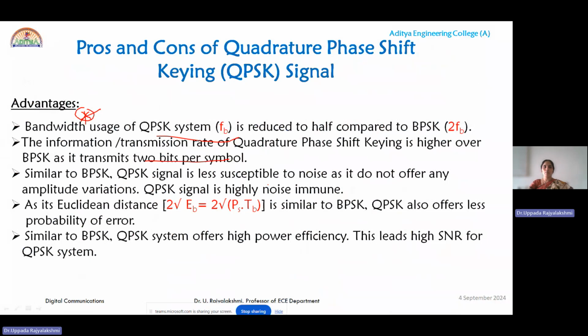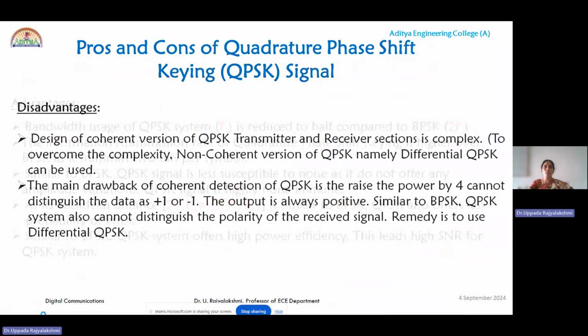Another thing is that because it has the same Euclidean distance, the probability of error also remains the same as BPSK. So SNR is also good, and it also offers high power efficiency. And in QPSK, we don't have amplitude variations, similar to BPSK, so it is highly noise immune. These are all the advantages of QPSK.